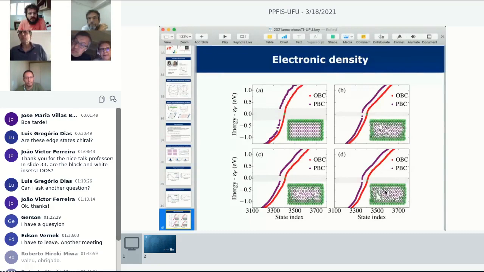Because some of these states on the surface are bulk states projected on the surface, but others are truly surface states. So I was wondering if you could distinguish between the two, because since they persist no matter what you do to the bulk, these seem to be truly surface reconstruction states.